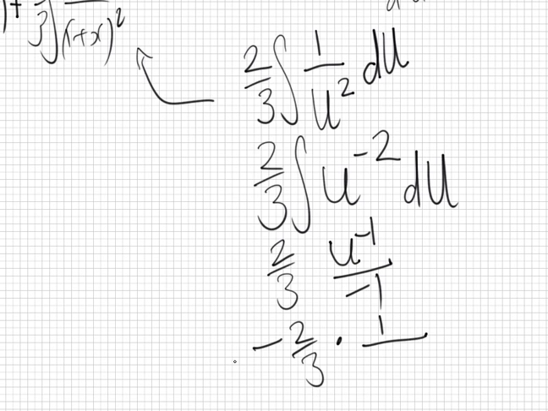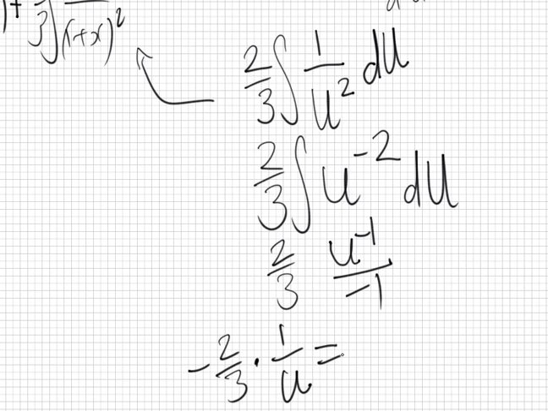Oh my god. Yeah? What? Zoom out. Shh. Here, minus 2 over 3 times 1 over u. Yes? Are you sure? Yes.